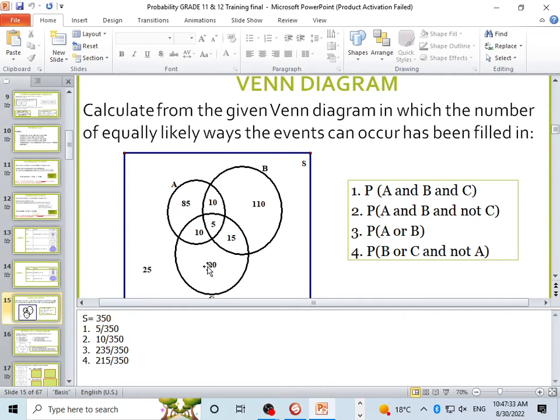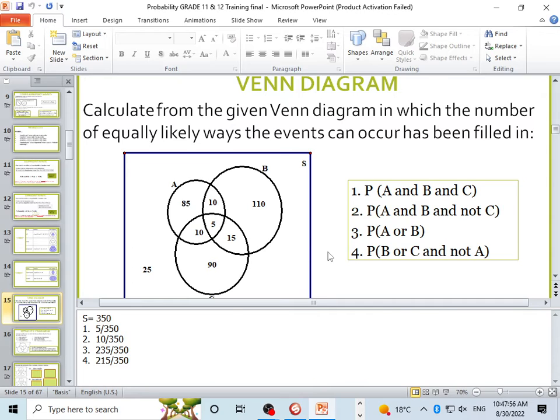It just doesn't have this one. Okay? So that gives me 235. Okay. What I could have done as well to get to the right answer is to say 350 minus 90 minus 25. Do you agree with that?